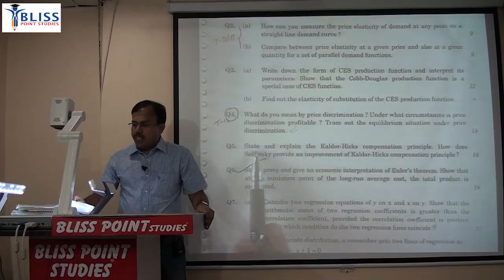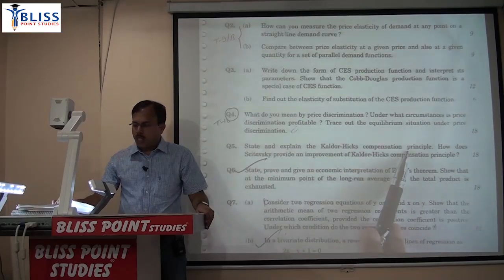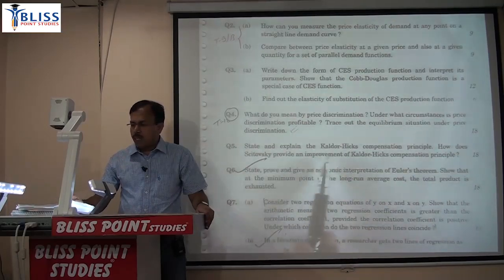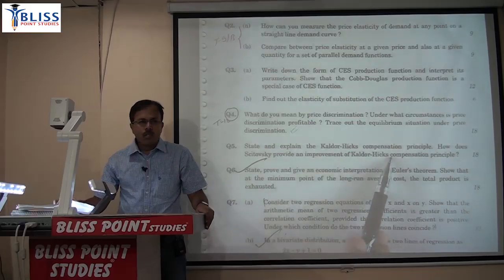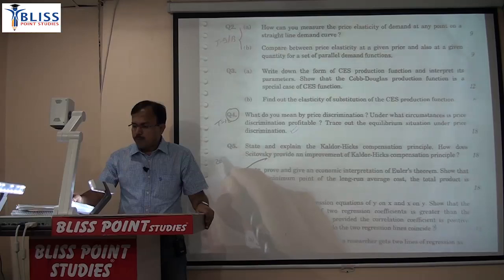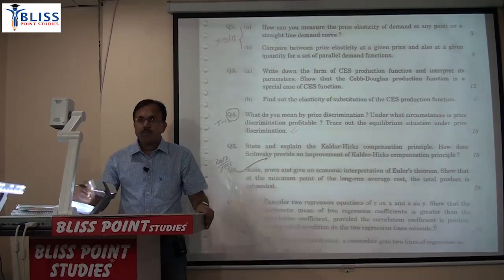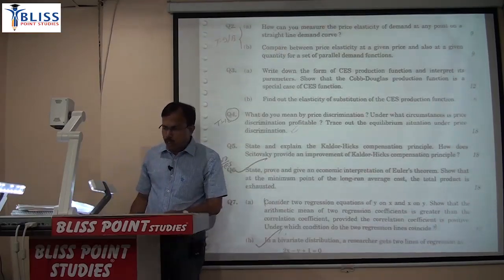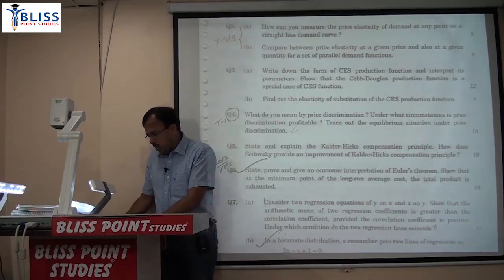So you have to state and explain Kaldor's compensation criteria and how does RTC provide an improvement over it. This was a question in 2017 in IES, and you will find the same question in AS as well.